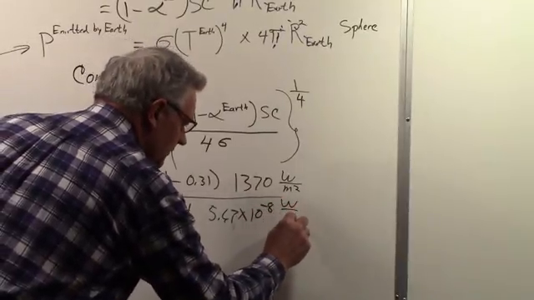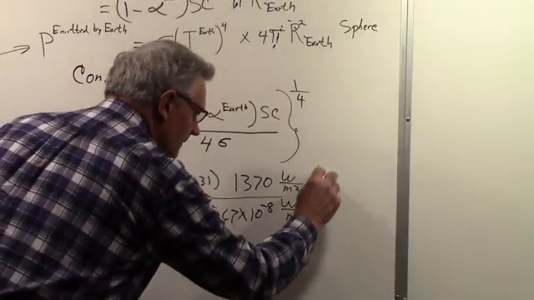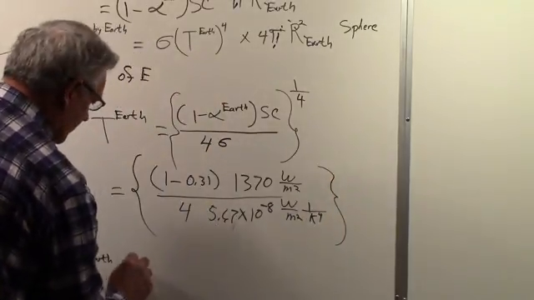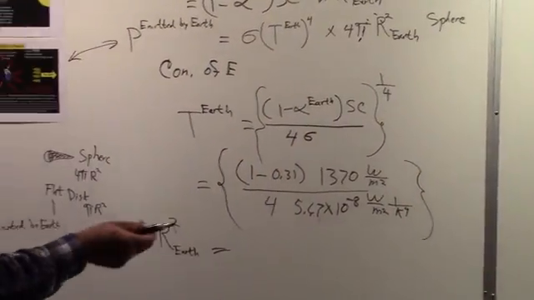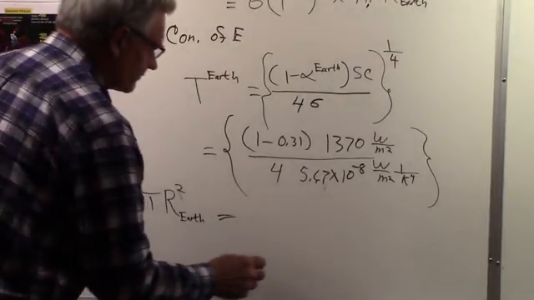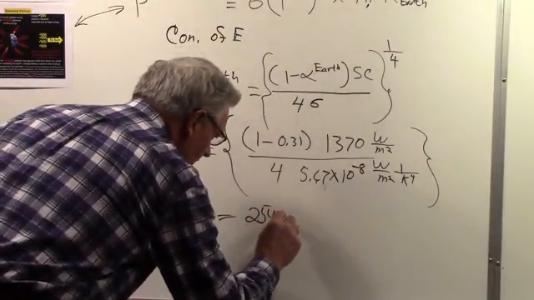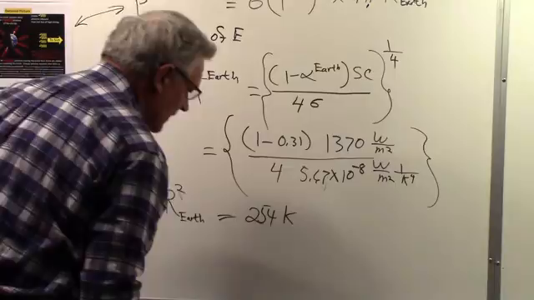If we take the fourth root of that, we wind up with just Kelvin, and it works out to 254 Kelvin.